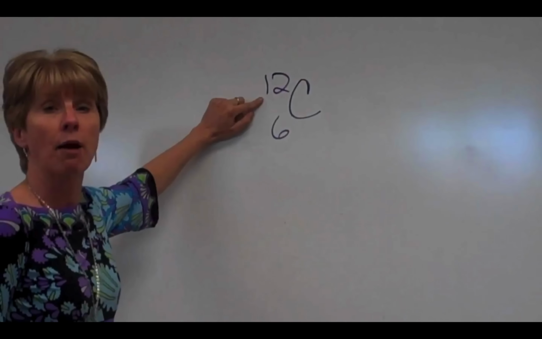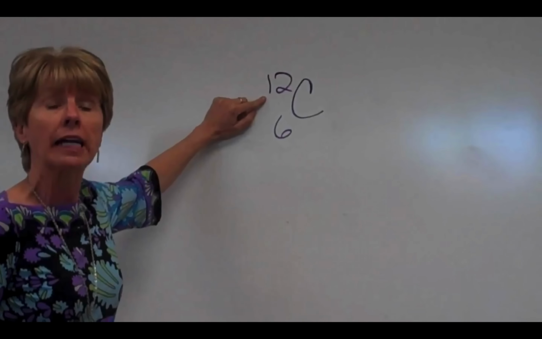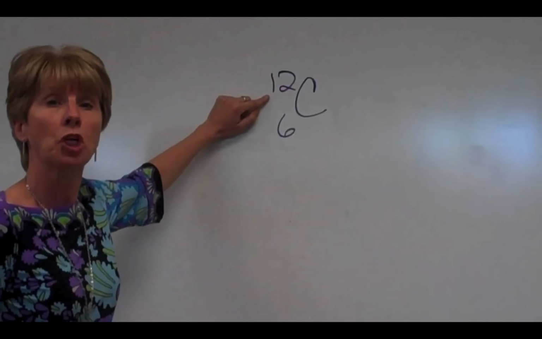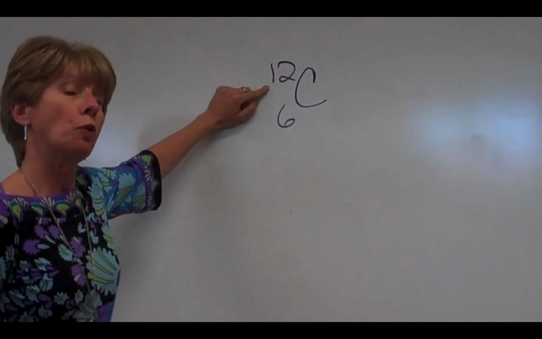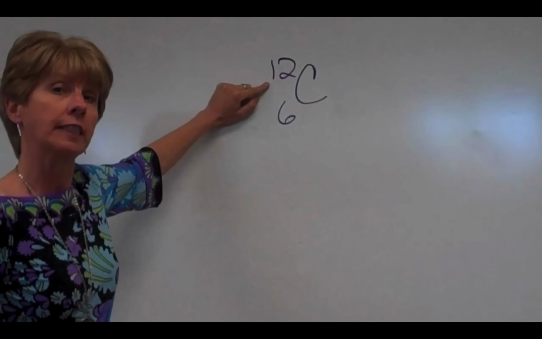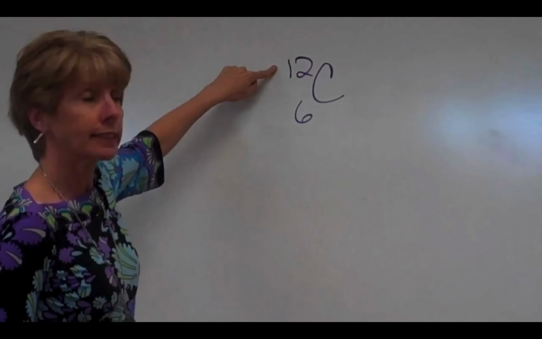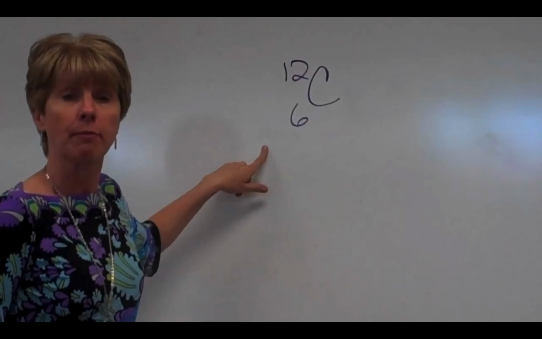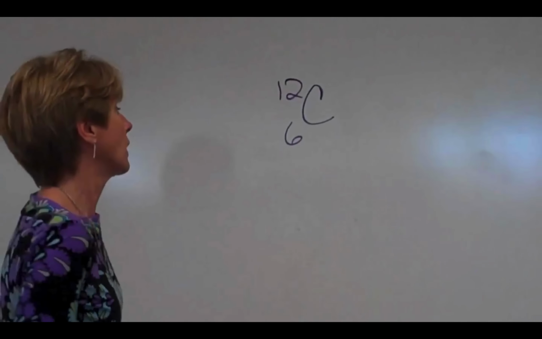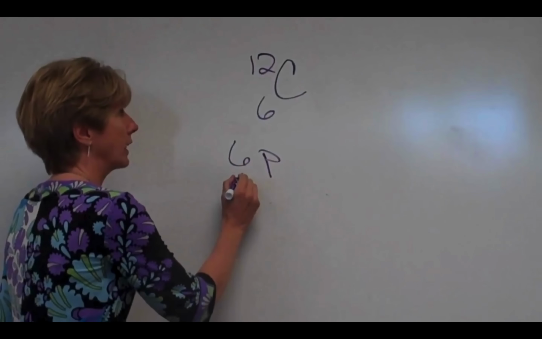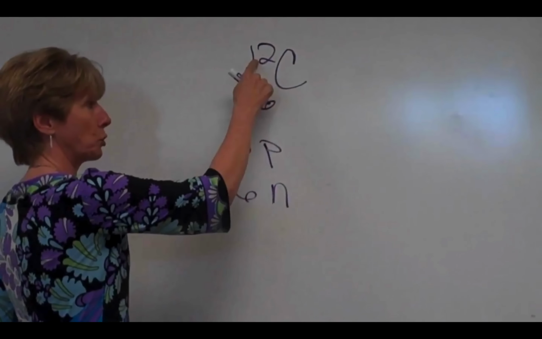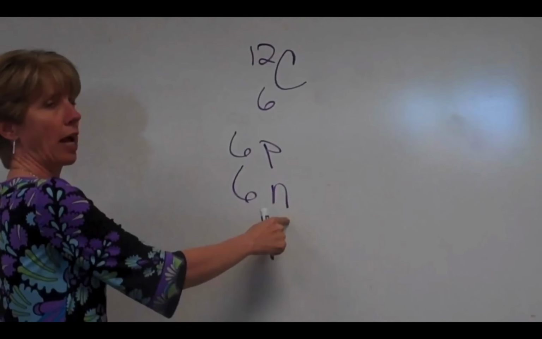This has a mass number of 12. The mass number tells you the number of protons plus the number of neutrons. So if you want to find the number of neutrons in this thing, you're going to take mass number minus atomic number to give you the number of neutrons. So this thing has 6 protons, 6 neutrons, because 12 minus 6 is 6 neutrons.